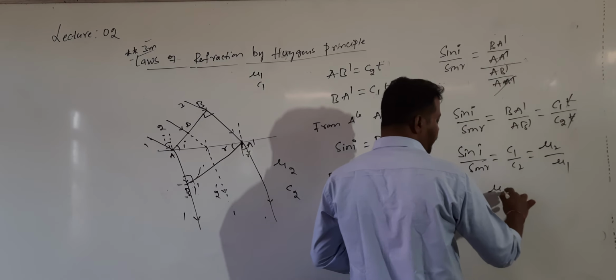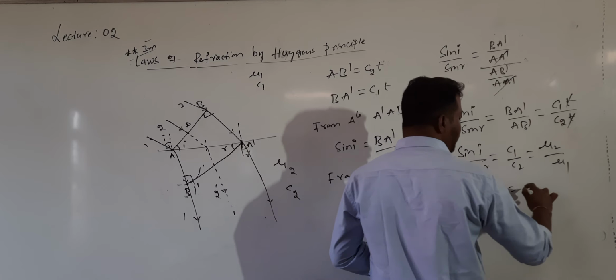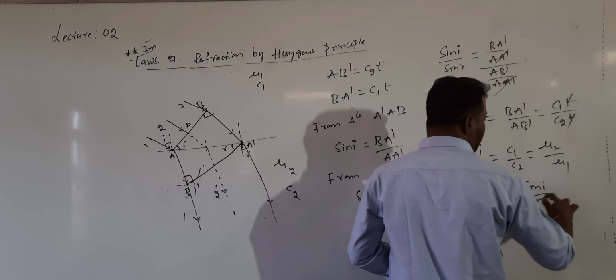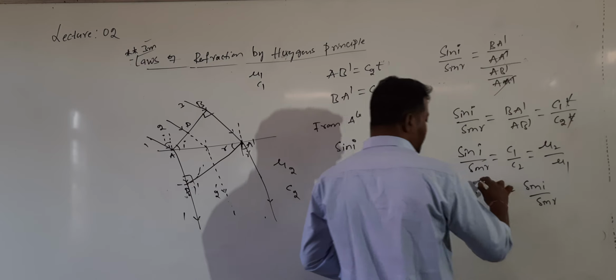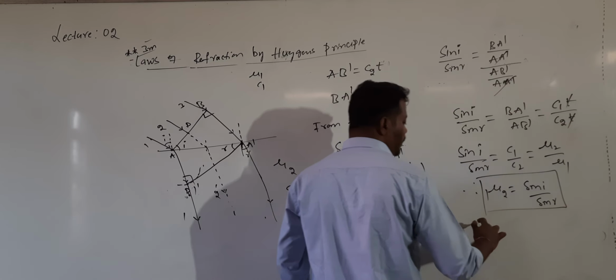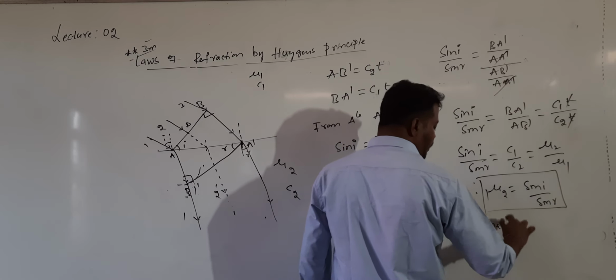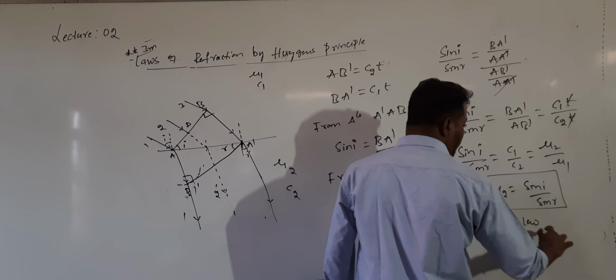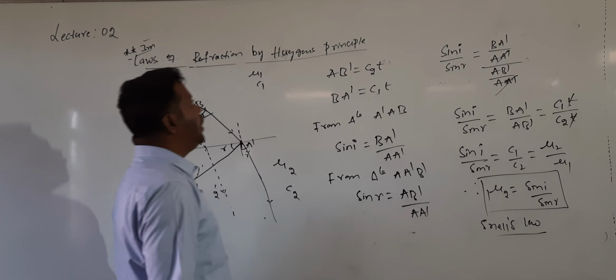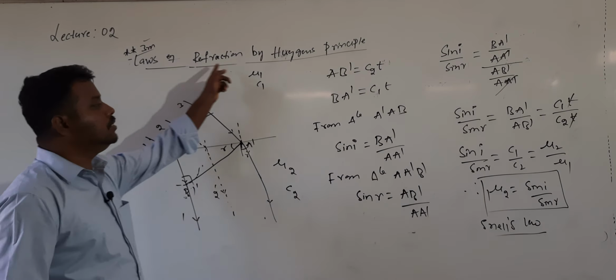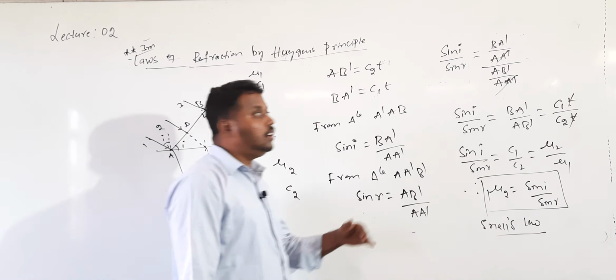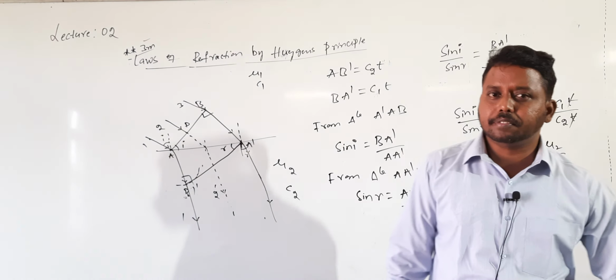Therefore, mu21 is equal to sin i by sin r, which is nothing but Snell's law. So we have proved Snell's law, the laws of refraction, by using Huygens principle. It is very easy to derive this.